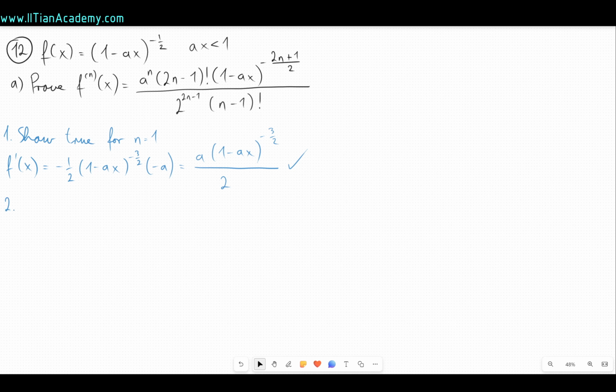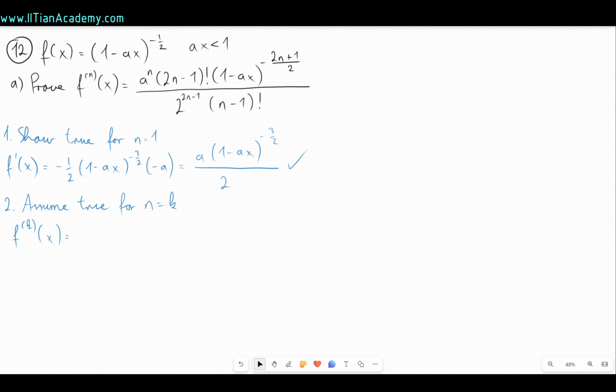Second step, we assume true for n equals k. So let's write down the kth derivative.